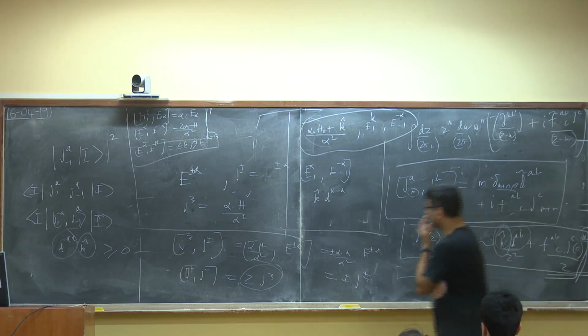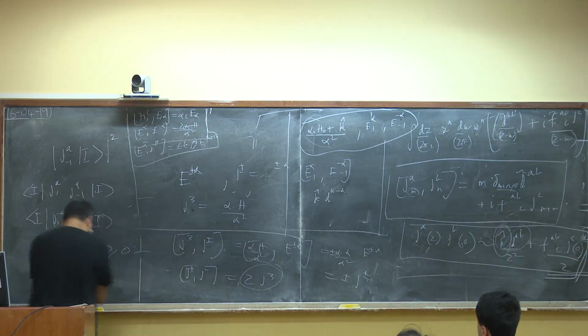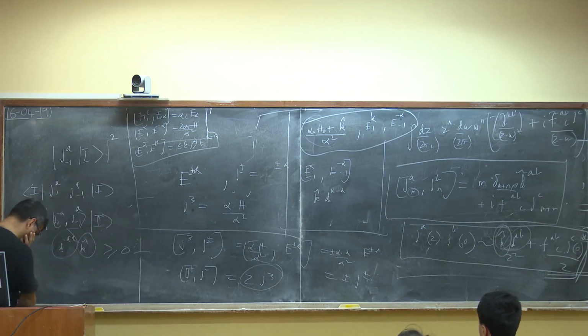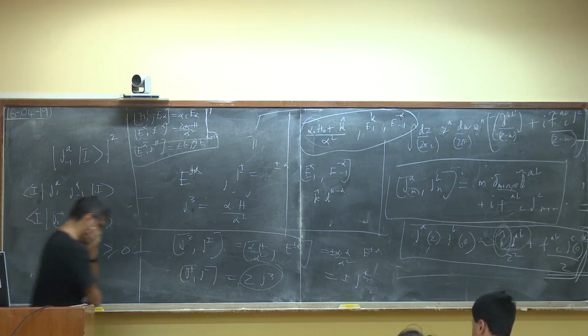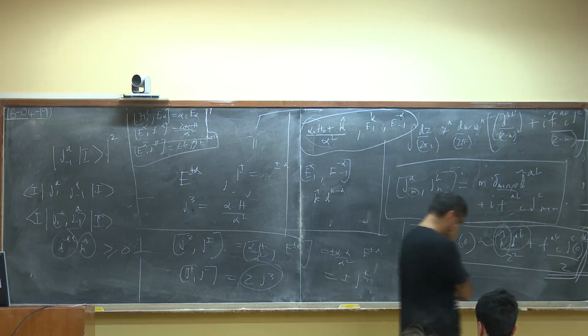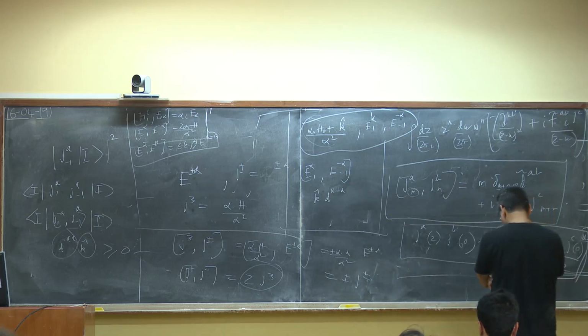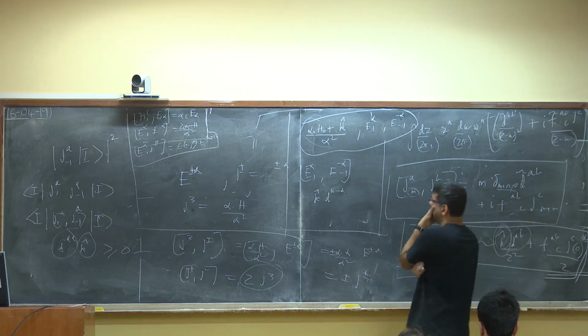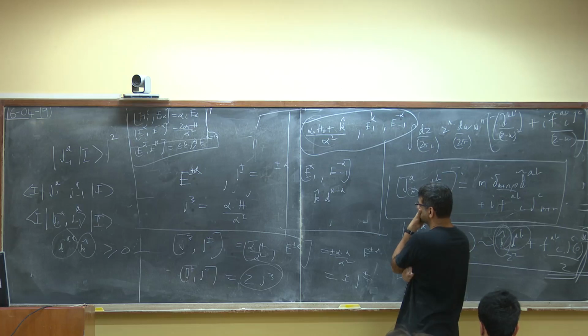Yeah, I was just wondering whether this by definition would be alpha square, just because it's like the inner product of a d. Last time it became 1 by alpha square because of this coefficient that you wrote.